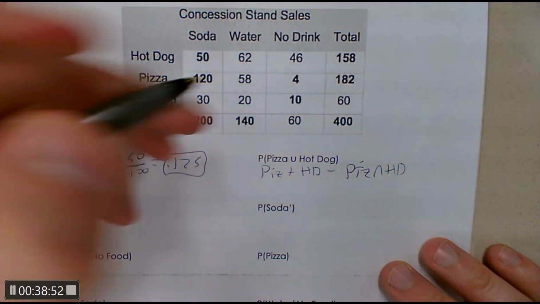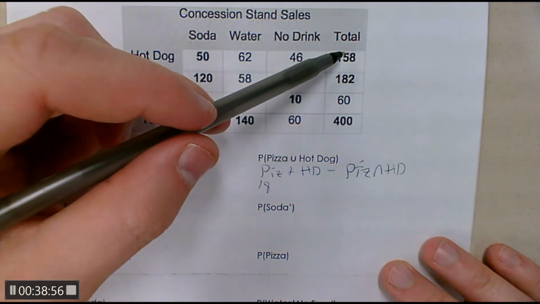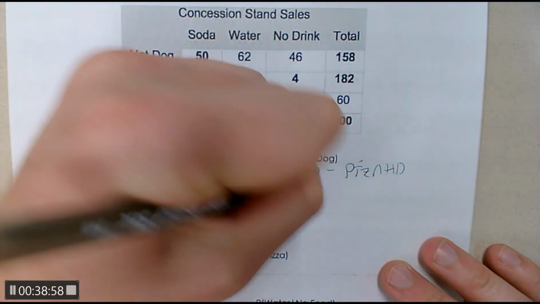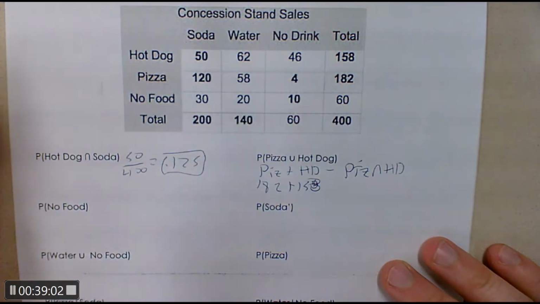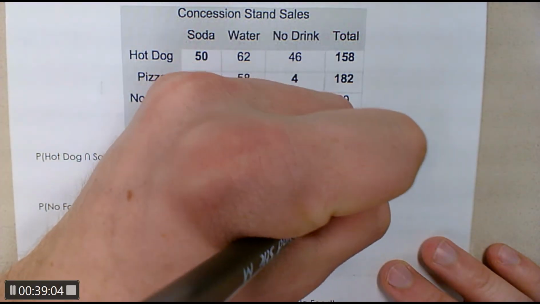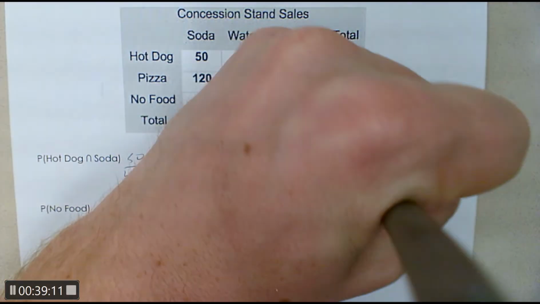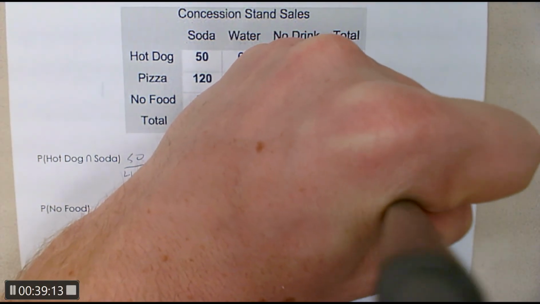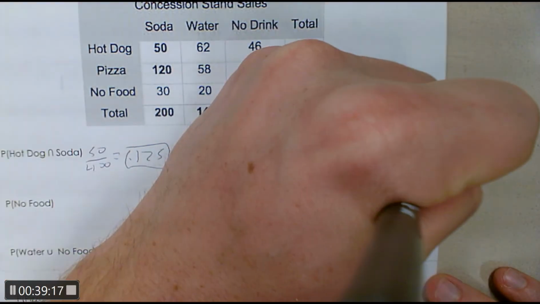So pizzas, we have 182. Hot dogs, we have 158. 182 plus 158. Because we're looking at both foods, there's actually none that are both pizzas and hot dogs. So 158 plus 182 is 340, divided by 400 is 0.85.